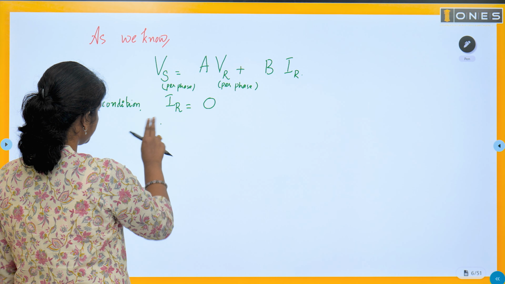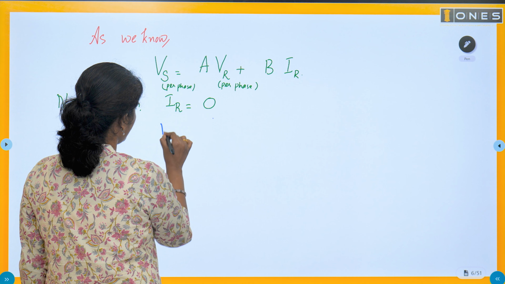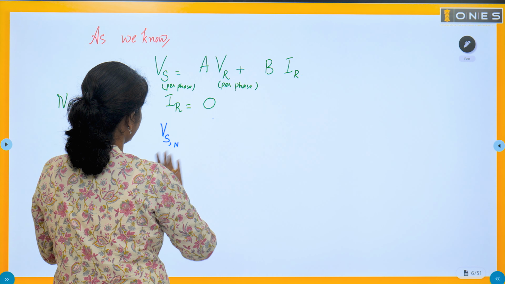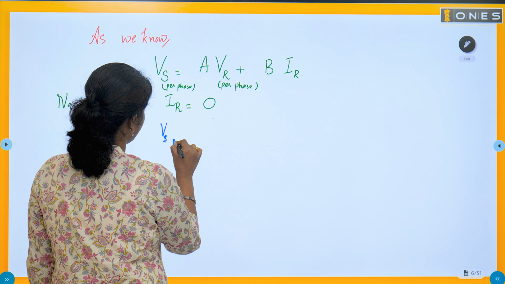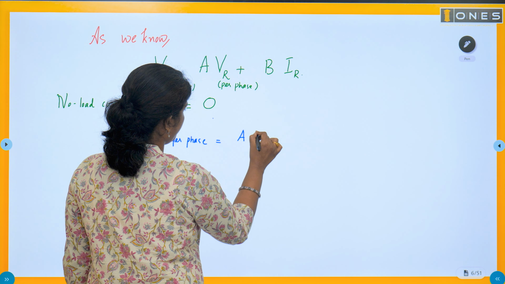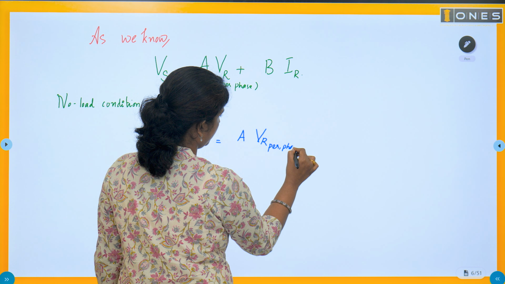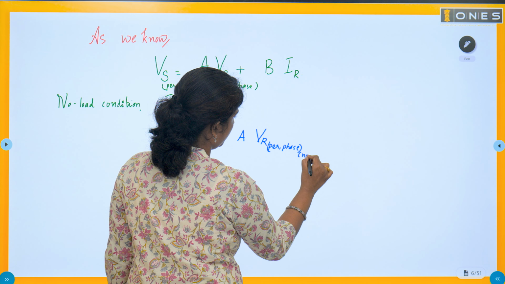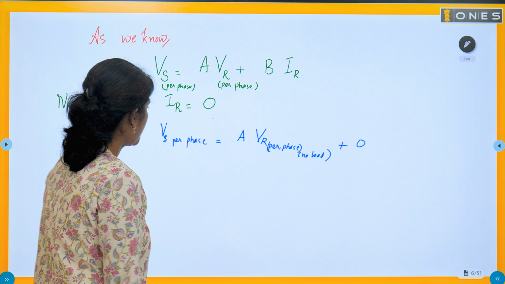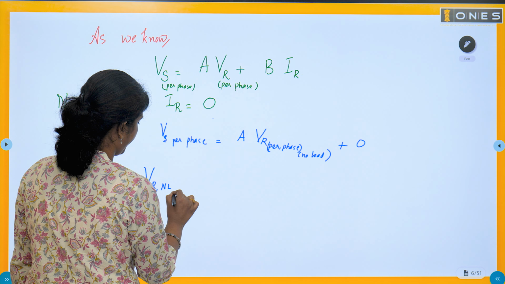At no load, we have Vs per phase is equal to A VR at per phase no load condition plus 0. Okay, so what is the receiving end voltage at no load per phase?